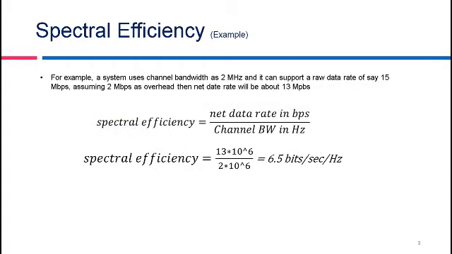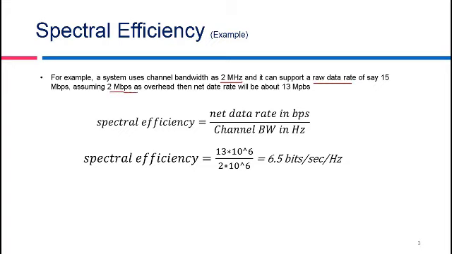Let's take an example to calculate the spectral efficiency using the formula we discussed in the previous slide. In this example, I have taken the channel bandwidth as 2 megahertz, and it can support a raw data rate of, say, 15 Mbps.